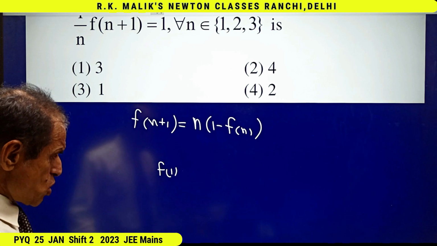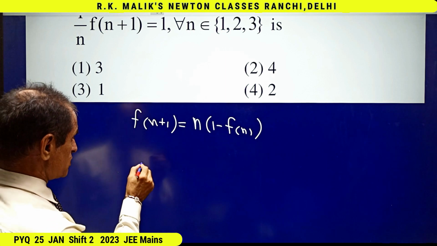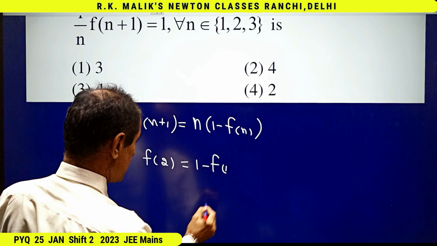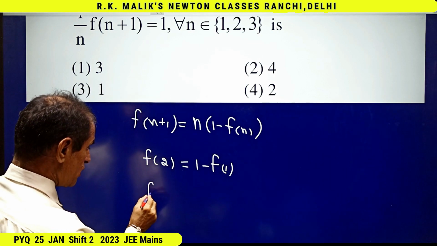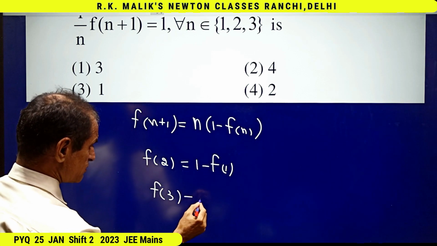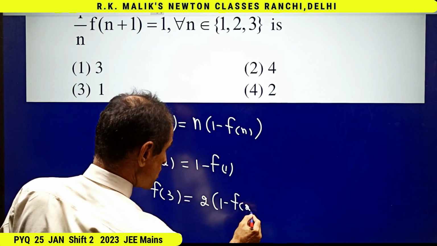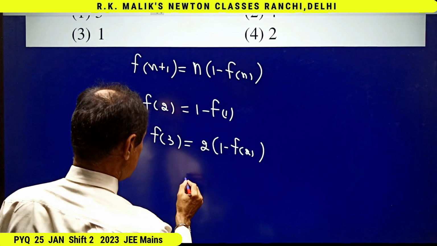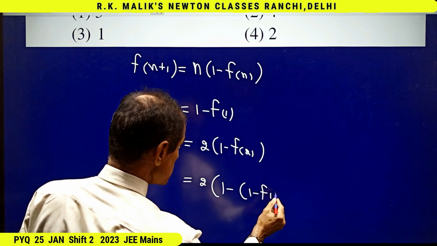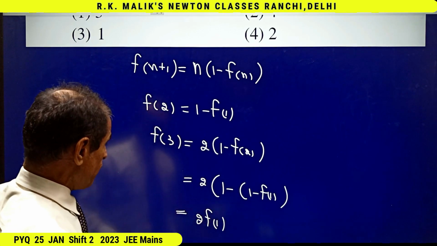What I mean to say, see, I put n equal to 1 in this equation. I get f2 equal to 1 minus f1, and now putting n equal to 2, I will get the value of f3 as 2 into (1 minus f2), that is 2 into (1 minus (1 minus f1)), that is 2 f1.